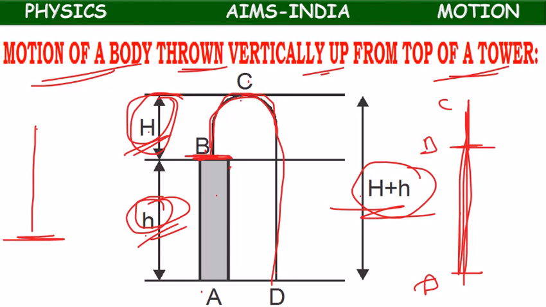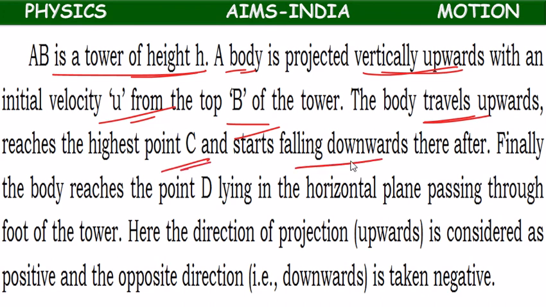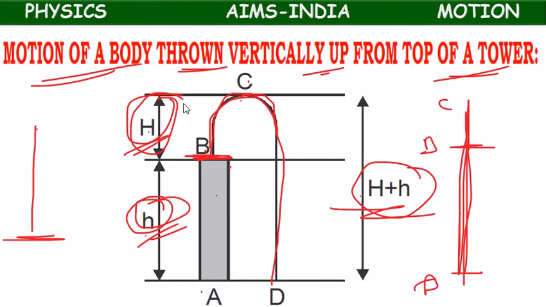Next one. AB is the tower height. A body is projected upwards with the initial velocity u from the top B of the tower. The body travels upwards, reaches point C, and starts falling down from there. Why does it fall down from C? Because the velocity becomes 0.